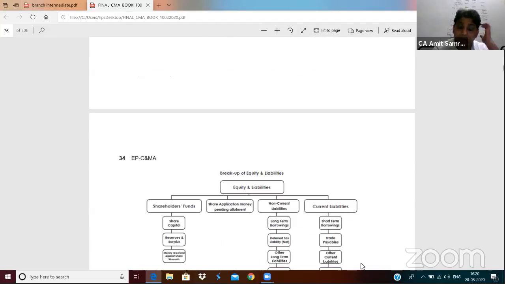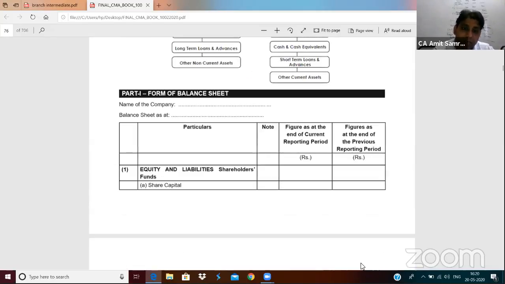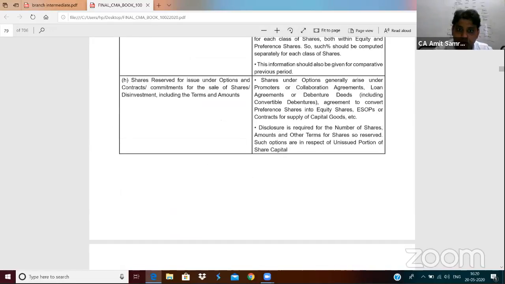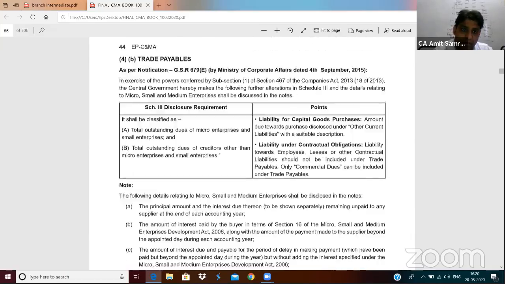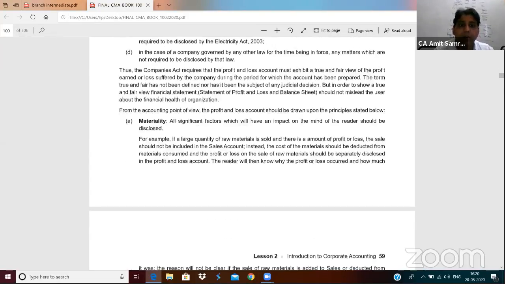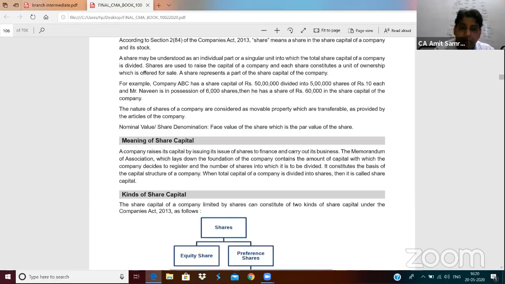This we studied in the last lecture: equities and liabilities, presentation of balance sheet, format of balance sheet, formats of profit and loss account. How balance sheet is prepared, how profit and loss account is prepared, what are the components and contents of profit and loss statement. Now this is lesson 3.